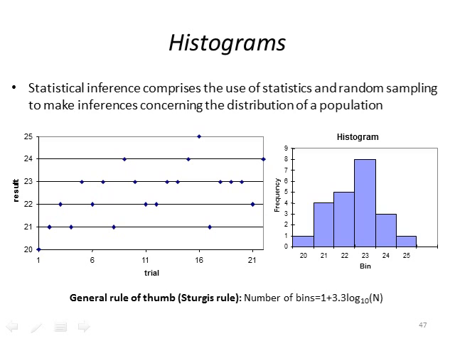Now, histograms. Statistical inference comprises the use of statistics and random sampling to make inferences concerning the distribution of a population. So if we have a number of sample measurements, in this case a plot of the result versus trials, each one of these trials is a measurement sample from our population.